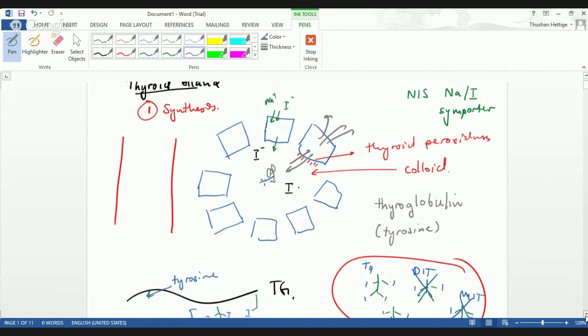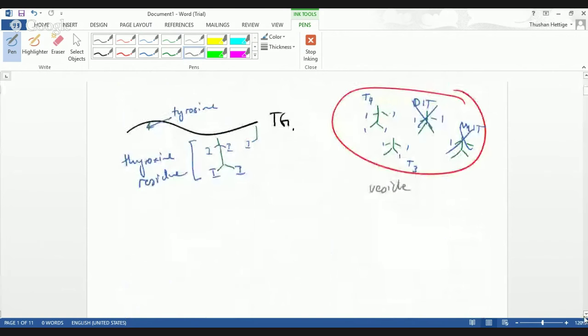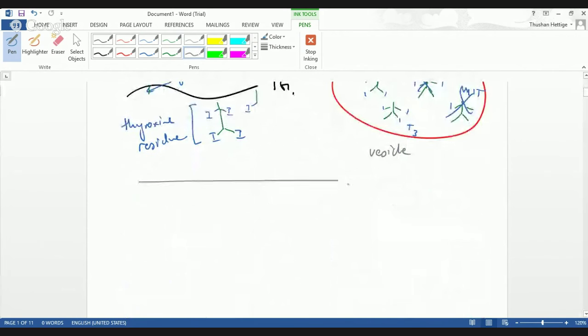Now, when it's synthesized, about 90% of what is secreted is T4, about 10% is T3. So it's mostly T4. Of these two, which is more biologically active? T3. Good.